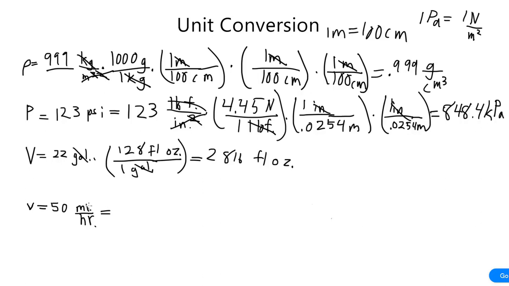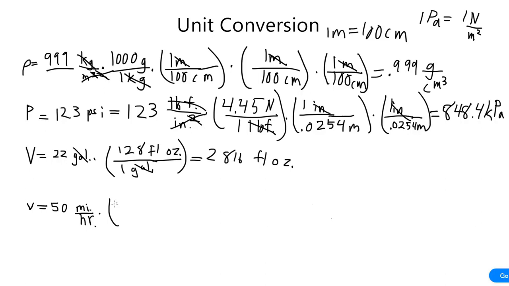So now I want to convert this from miles per hour or mph, into feet per second. So in order to do that, we've got to convert miles into feet. So it's not an equal sign. We have to multiply.